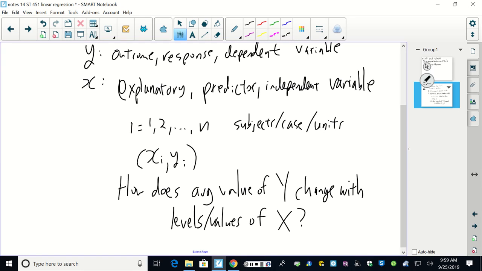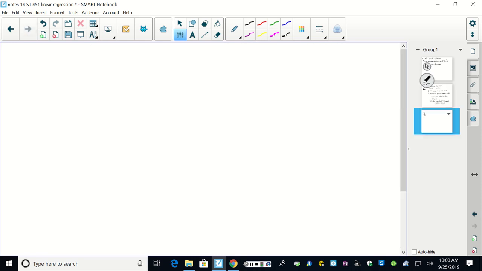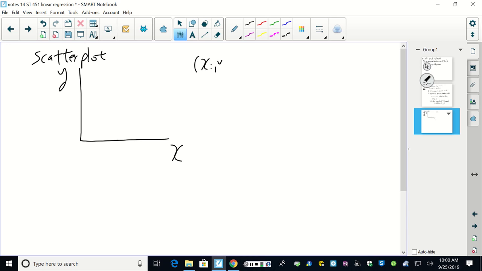So with just the two variables, primarily we start by looking at it and see what the pattern generally looks like. The best tool for that is a scatter plot with the x's and y's, where each xi, yi pair gives us a point.